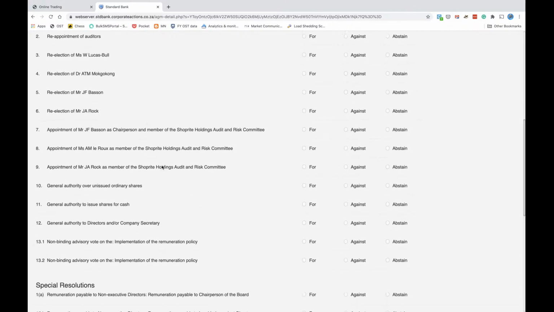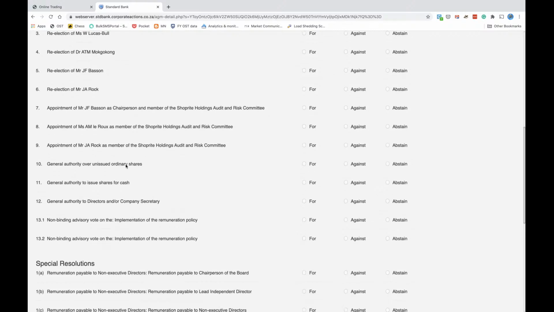Some of them, so it's the directors being reappointed. Then where are they to be elected to, in terms of who's going to run the Audit and Risk Committee, and etc. Who's going to be on those committees. General authority over unissued ordinary shares, in other words, that they can therefore issue shares, which they would use typically for staff incentives and the like, but also perhaps an acquisition.